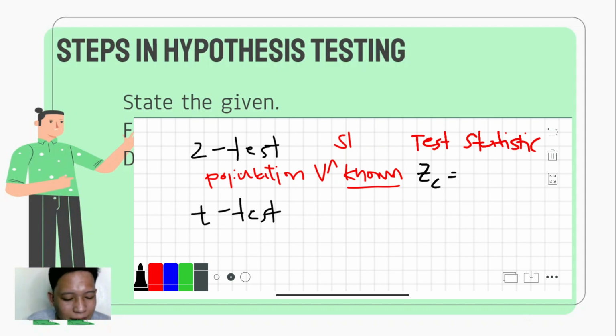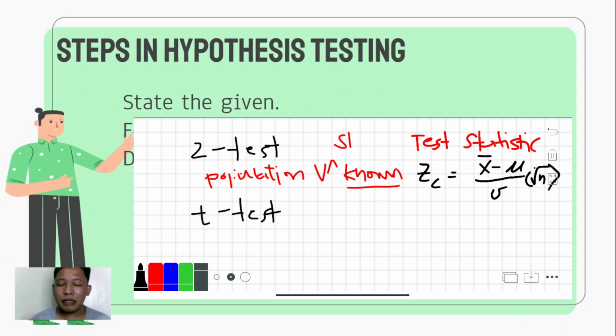Is equal to our sample mean minus our population mean over our population standard deviation multiplied by the square root of our sample size.